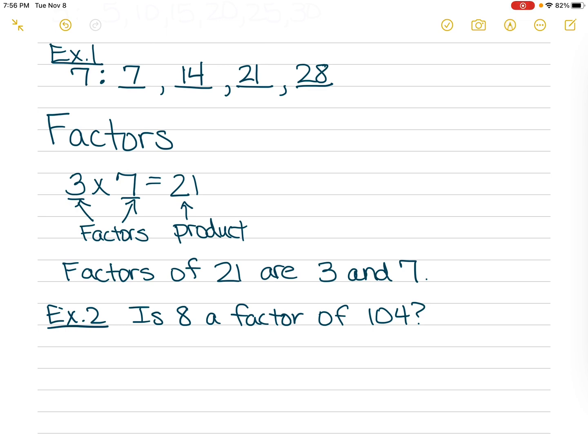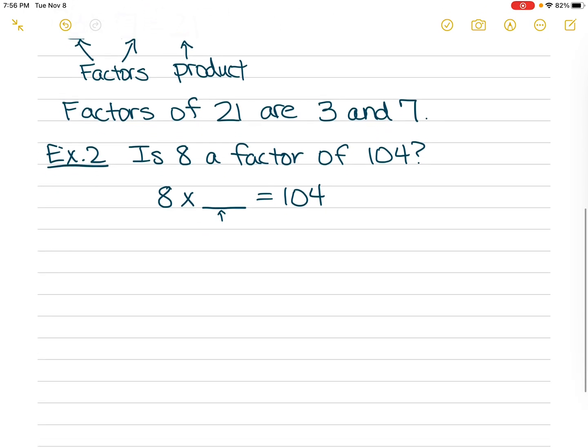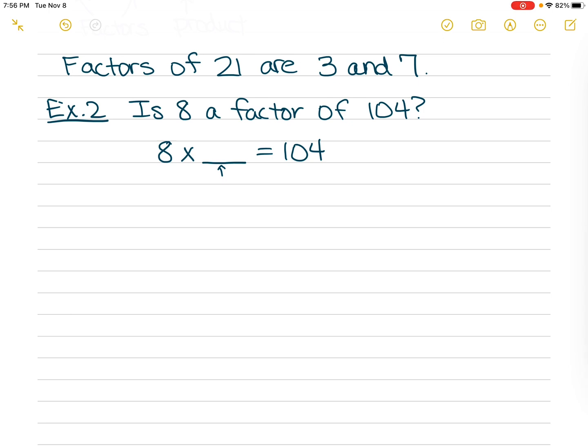So how you do this one is you say, can I do 8 times something equals 104? You could start just guessing a whole bunch, but another way to say it besides factors or multiplication is just saying, can I divide this by 8? So can I do 104 divided by 8?